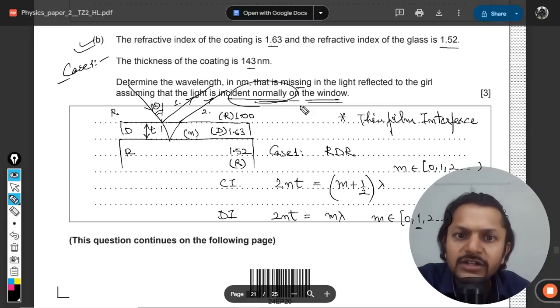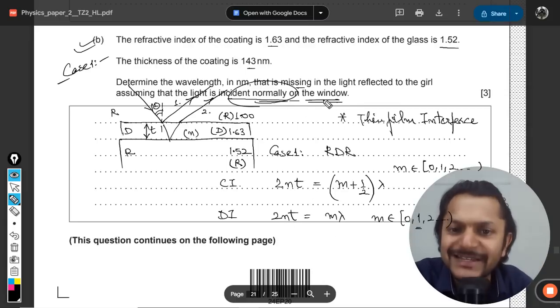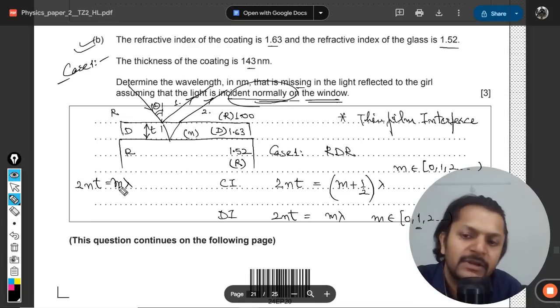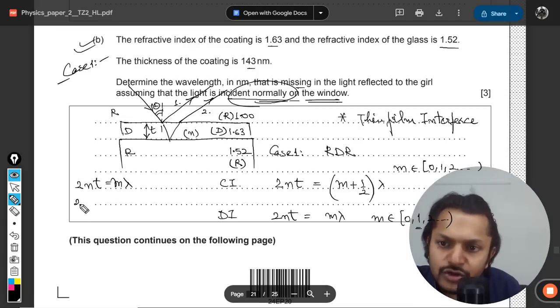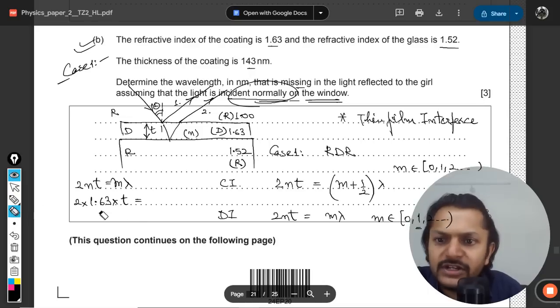So we want this interference to be destructive because we are working for the missing wavelength. Clearly 2nt should be equal to m lambda. M will be taken as 1. So 2, refractive index is 1.63. Thickness we want to find, and the thickness is given as 1.43 nanometer.